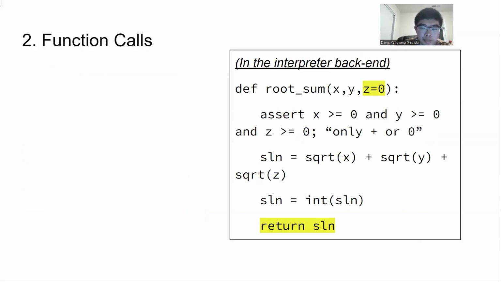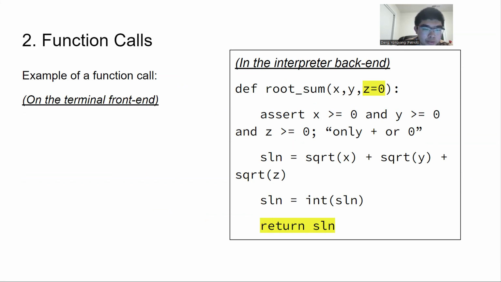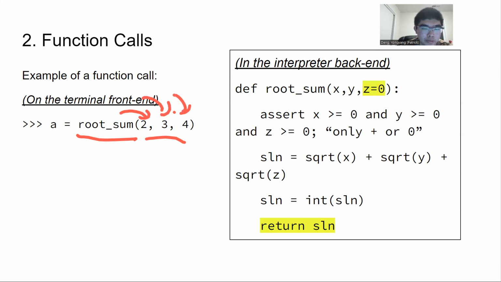So here's an example. This is the function definition of the root sum, which we had previously. And then an example of a function call. On the terminal front end, when you say a equals root sum, this is the function name, and then the inputs with the parameters, 3, 2, 3, 4.